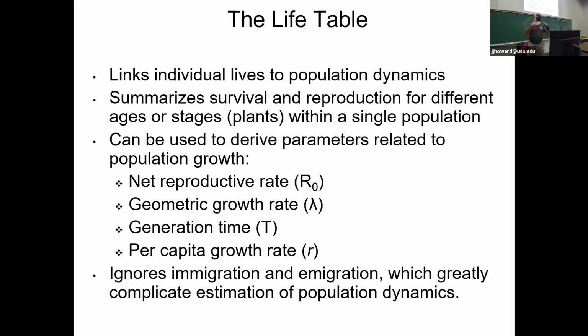So it's just converting lifetimes into, say, years. We can also calculate generation time, and we can use the generation time and the geometric growth rate to calculate the per capita growth rate, which is a continuous thing that can be defined over any period of time.